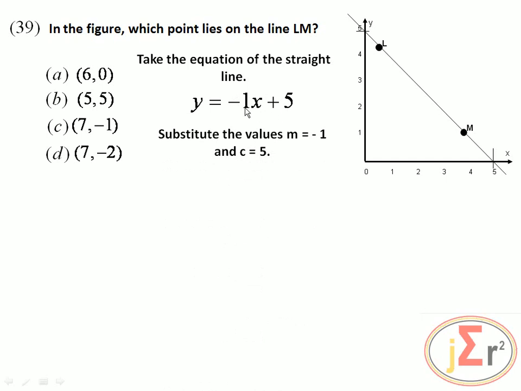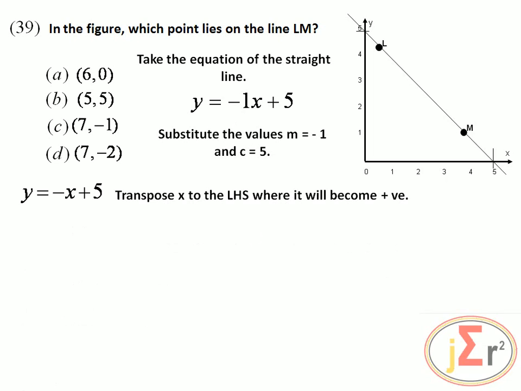But we know when a coefficient is 1, we do not have to write that 1 down. As a matter of fact, it is negative 1 in this particular case. So we need to write y is equal to negative x plus 5, and that will suffice. Without the 1 here, it means the same thing. The 1 here is a matter of redundancy.